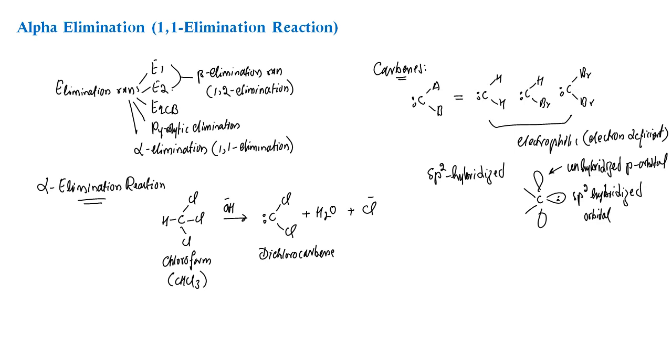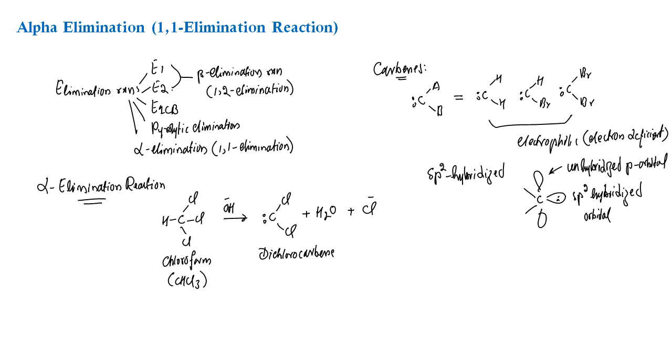As a whole, carbenes are sp2 hybridized species in which the lone pair of electrons resides in one of the sp2 hybridized orbitals. The unhybridized p orbital represents a deficiency of electrons, so it reacts with electron-rich or negatively charged species. On the basis of this unhybridized p orbital, the carbene acts as an electrophile, and as the carbene also has a lone pair of electrons, it also acts as a nucleophile.